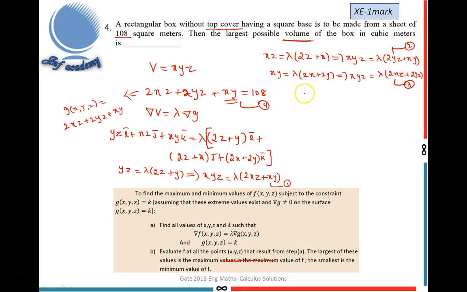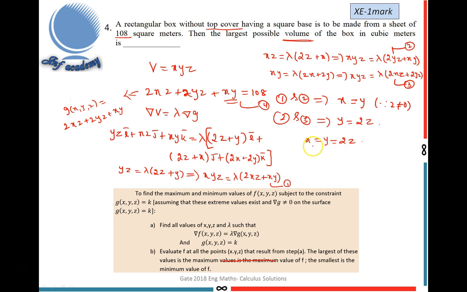Finally, 1 and 2 give x equal to y. And 2 and 3 give y equal to 2z. Comparing these two, I got x equal to y equal to 2z.